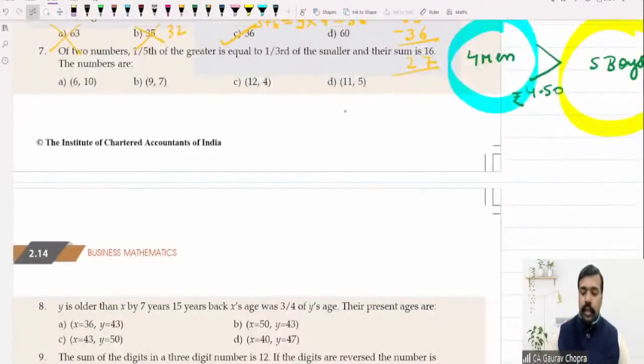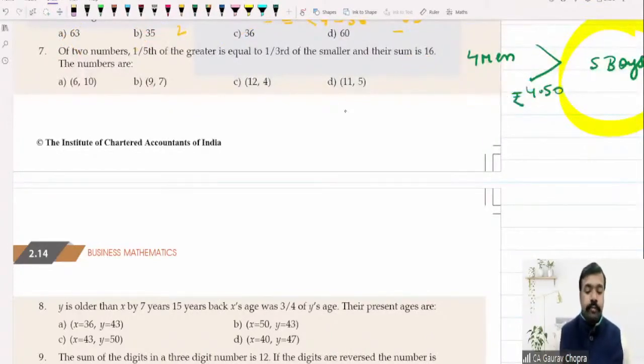Now, let's come towards the next one, that is question number 7. It says, of two numbers, 1/5 of the greater is equal to 1/3 of the smaller, and their sum is 16, then the numbers are.